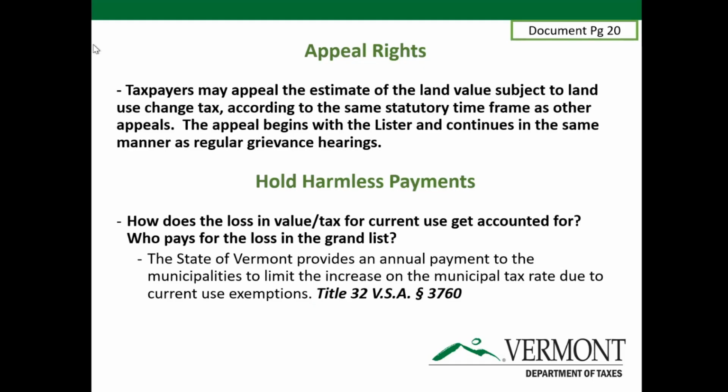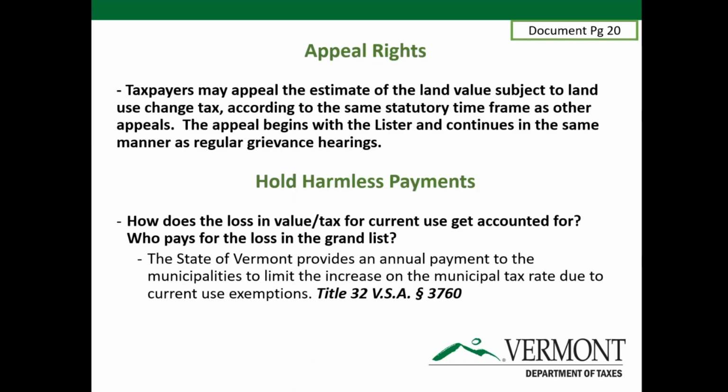Okay, so next question is, do hold harmless payments to the town equal the townwide total exempt reduction times the municipal tax rate? It's very similar, but it's also a year in arrears. I would have to defer to Chloe Wexler for that because she does the calculations for it. Right, and it would include all municipal tax rates.